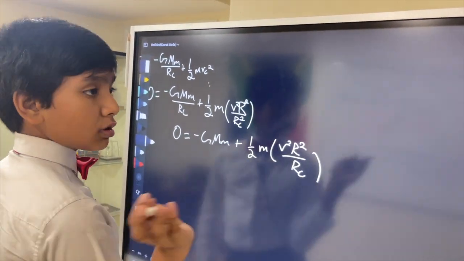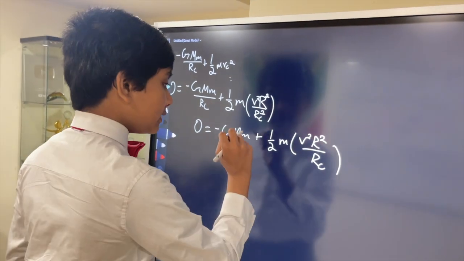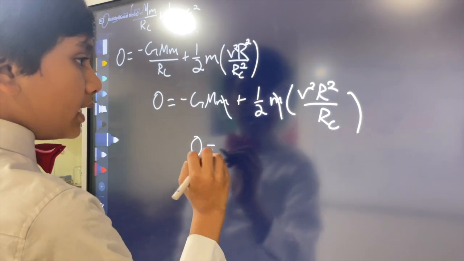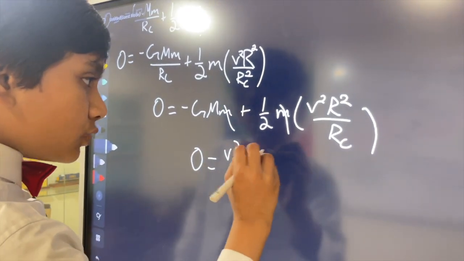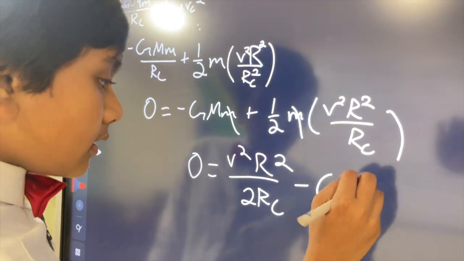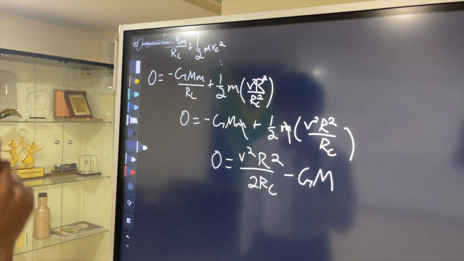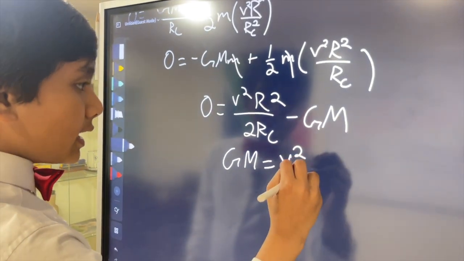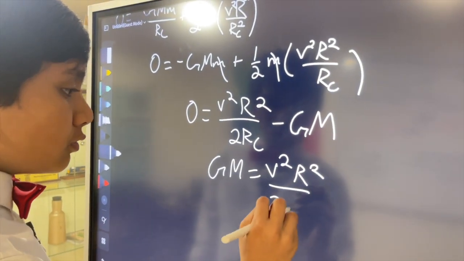First cancelable term is, you should be able to see it immediately, little m. Then we just get 0 is equal to V squared R squared over 2RC minus G big M. And now we can just bring a GM to the other side and get GM equals V squared R squared over 2RC.